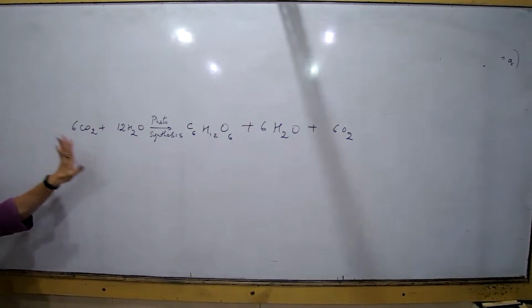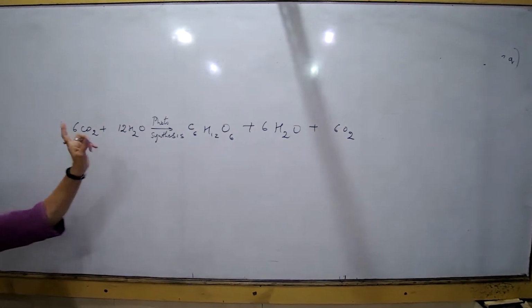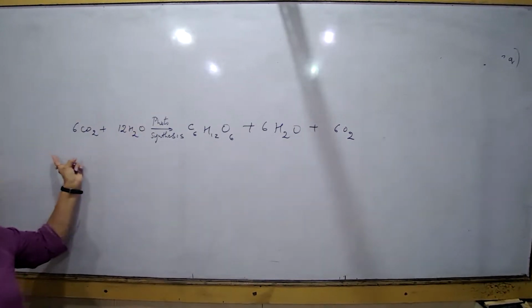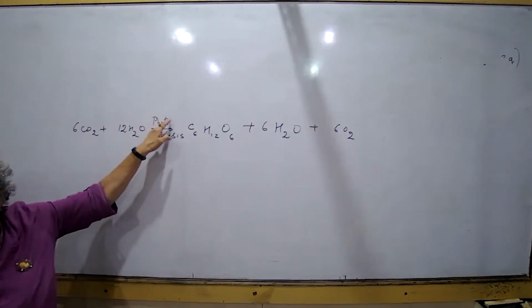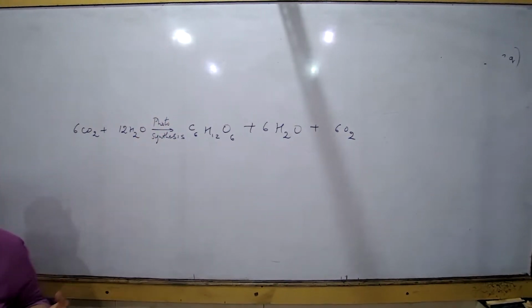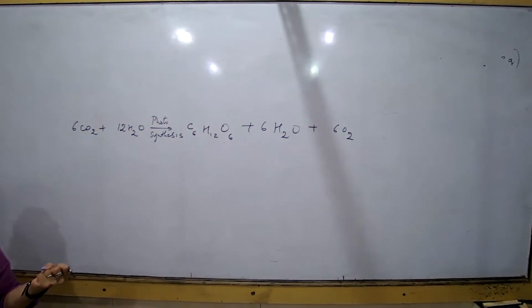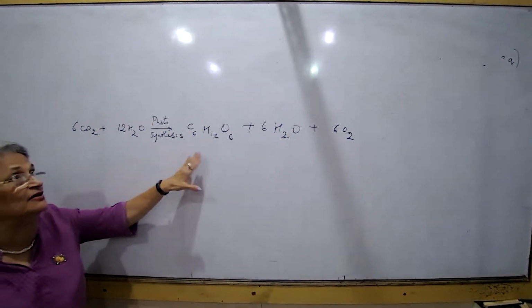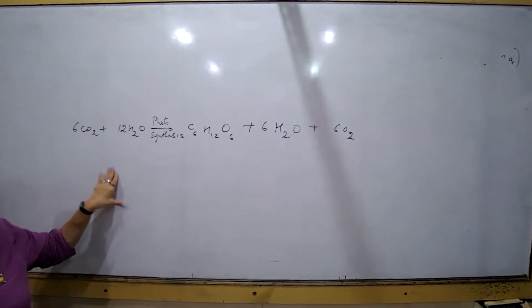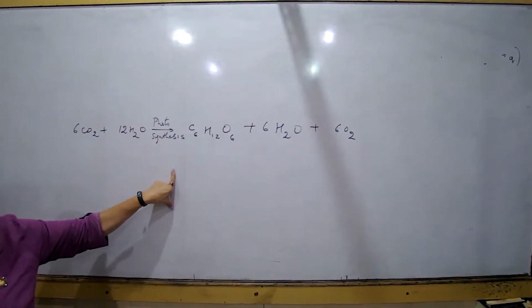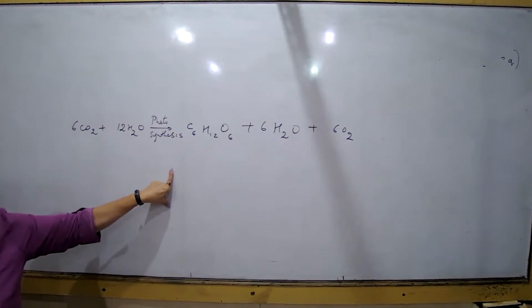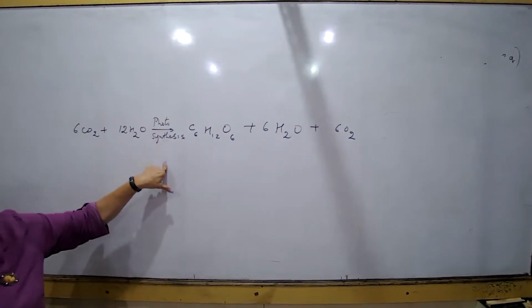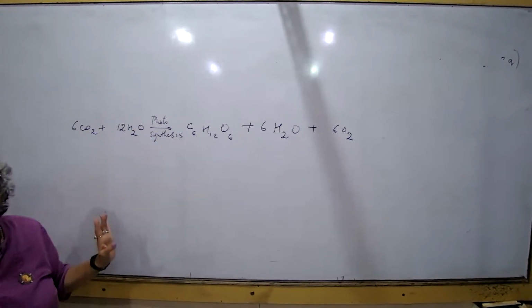You come to know what are the reactants, what are the products, in which direction the reaction is moving, and what requirements are needed for this particular reaction. For photosynthesis, you need light and chlorophyll.